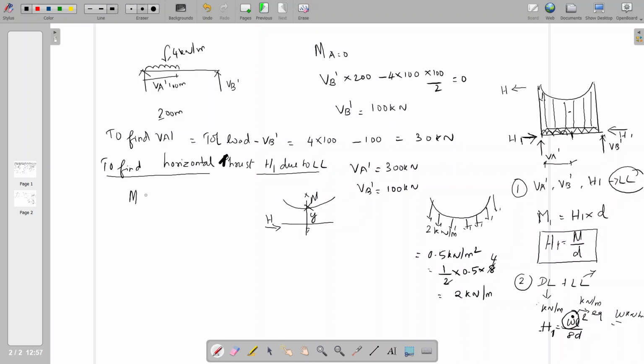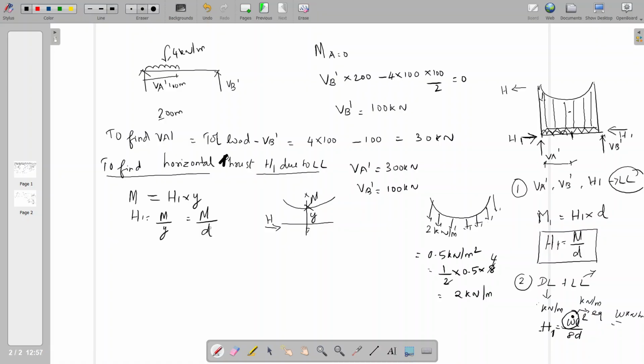You can make a relation: moment equal to H1 into Y. So H1 equal to moment by Y.